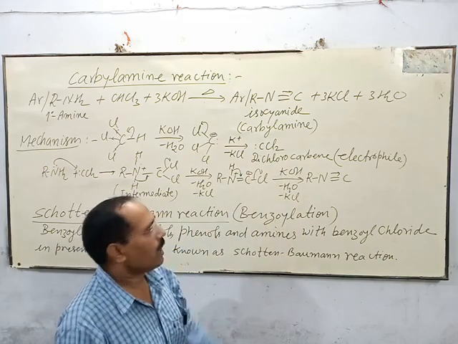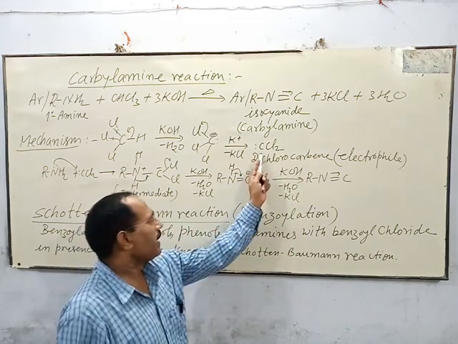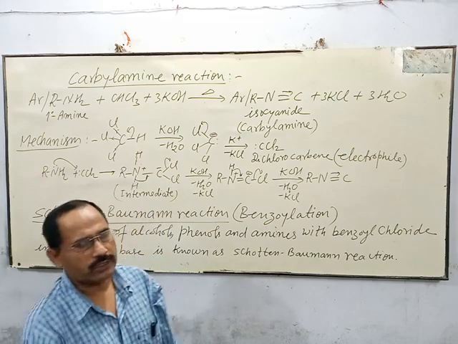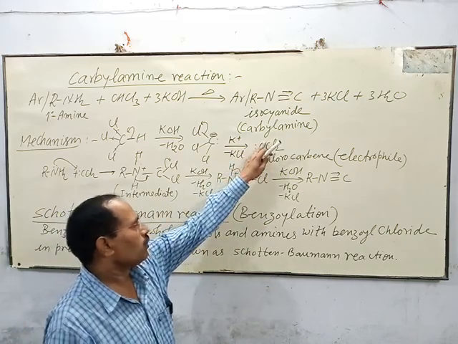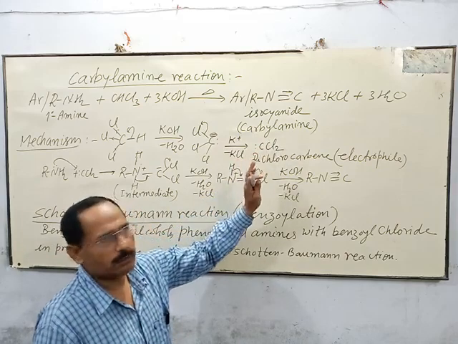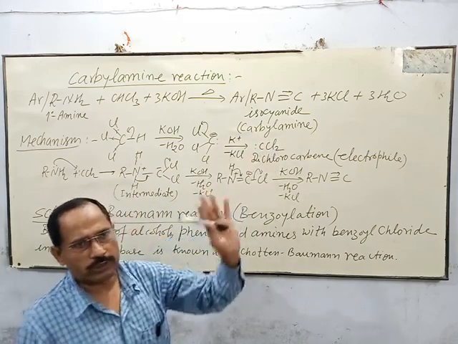In dichlorocarbene, this carbon atom acquires only 6 electrons in its valence shell: 2 electrons from this lone pair, and 2 electrons from each of the 2 covalent bonds, which total 6.